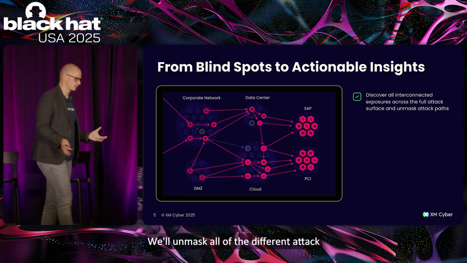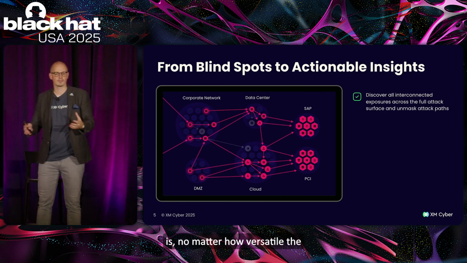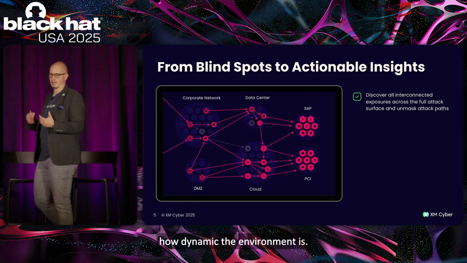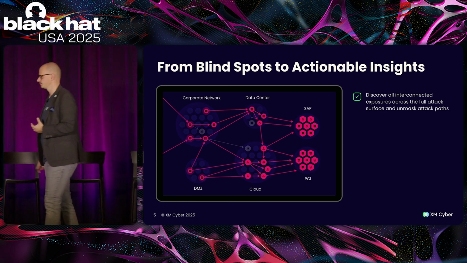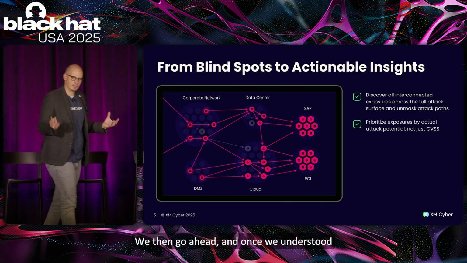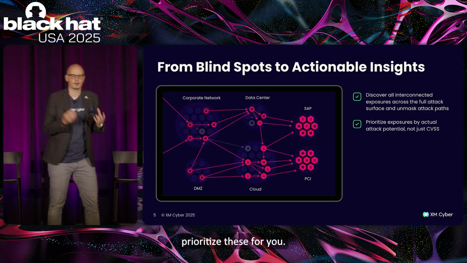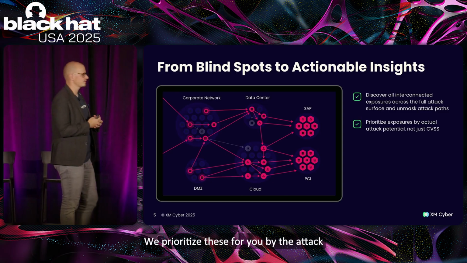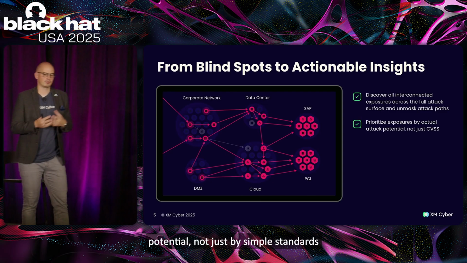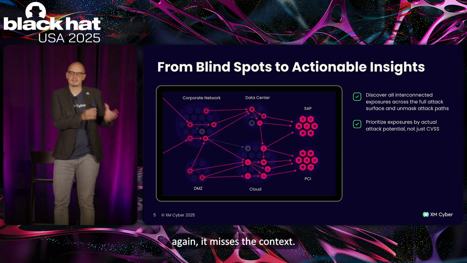We'll unmask all of the different attack paths, no matter how big the environment is, no matter how versatile the environment is, no matter how dynamic the environment is. We then go ahead, and once we understood all of the exposures in your environment, we'll prioritize these for you. We prioritize these by the attack potential, not just by simple standards like the CVSS, because again, it misses the context.